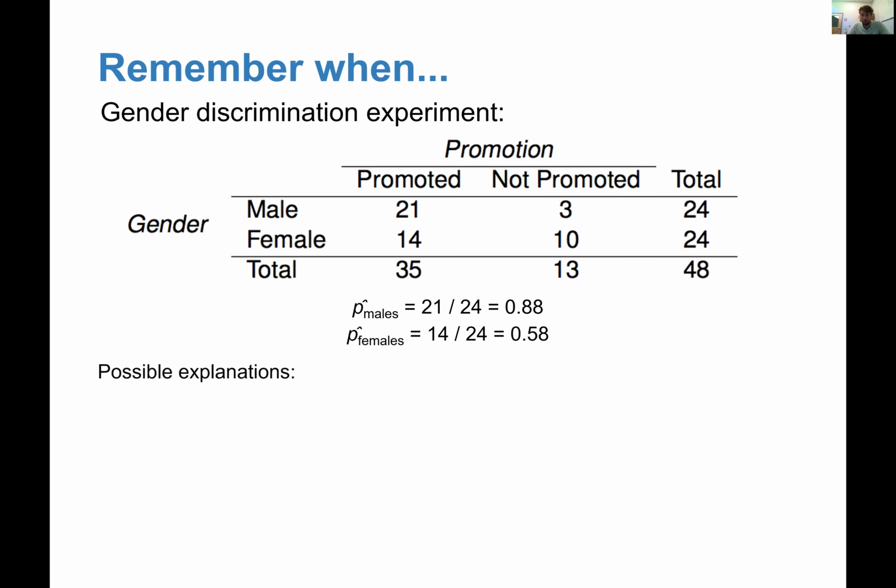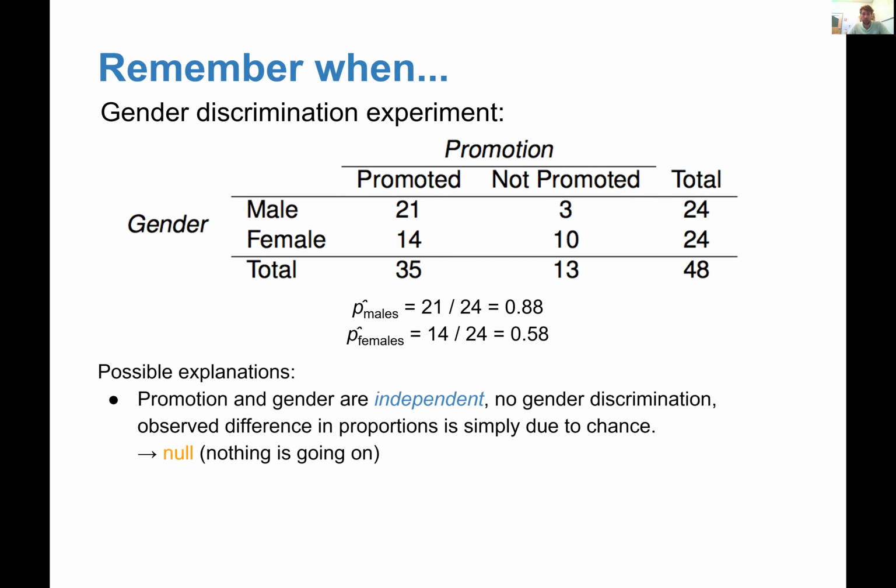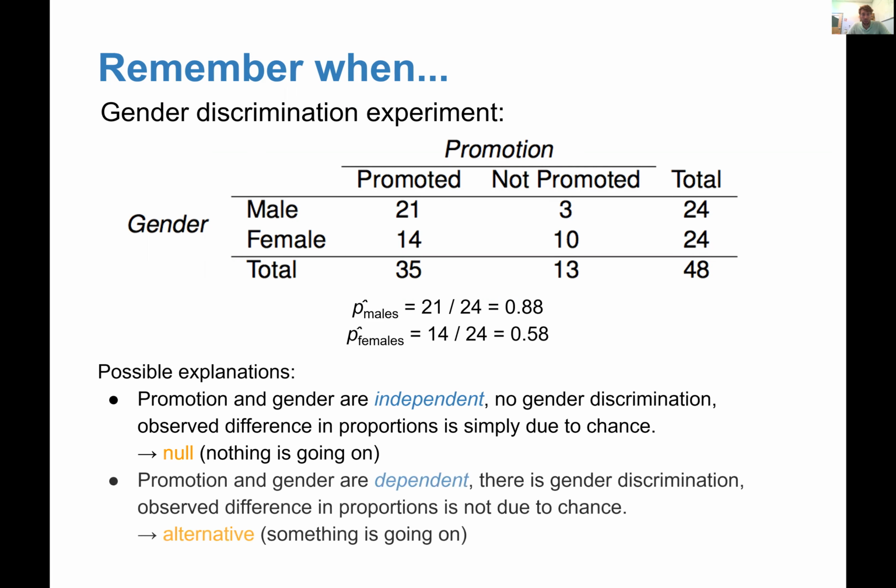Then we had possible explanations. The null hypothesis is that promotion and gender are independent, no gender discrimination, and the observed difference in proportions is simply due to chance. The alternative hypothesis was that promotion and gender are dependent: there is gender discrimination, and the observed difference in proportions is not due to chance. So the alternative hypothesis is that something's going on.